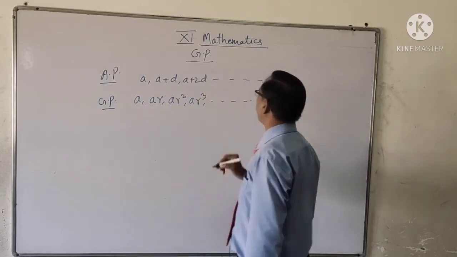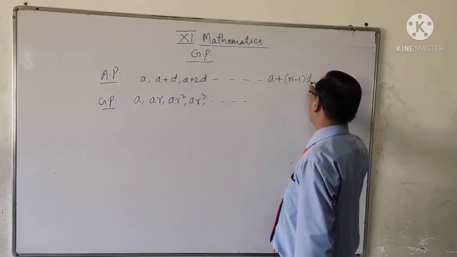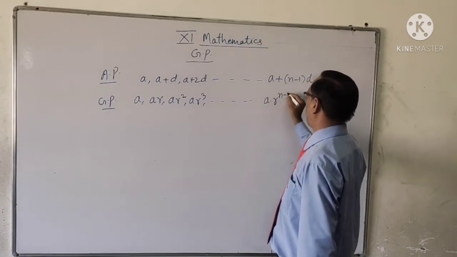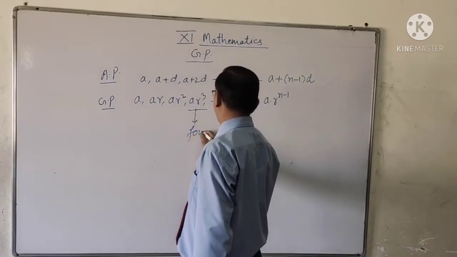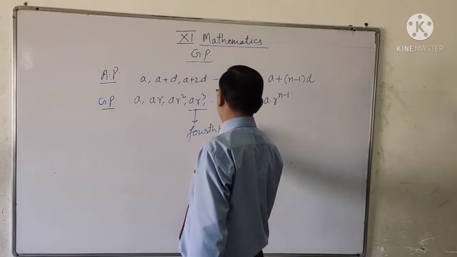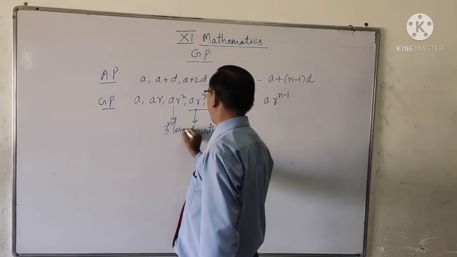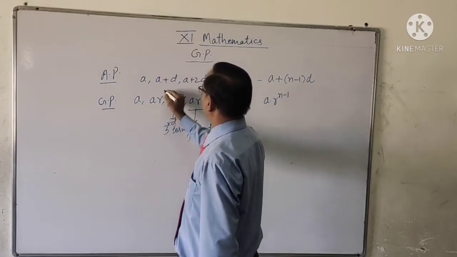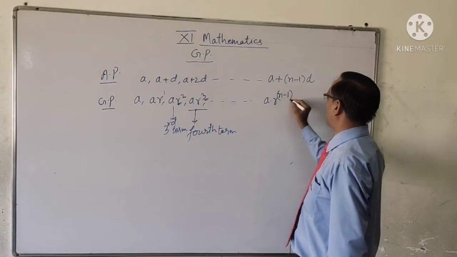As in AP, the nth term is a plus n minus 1 into d, the same in GP it is a r power n minus 1. Since it is the fourth term it is r cube, for the third term r square, so the power is n minus 1.